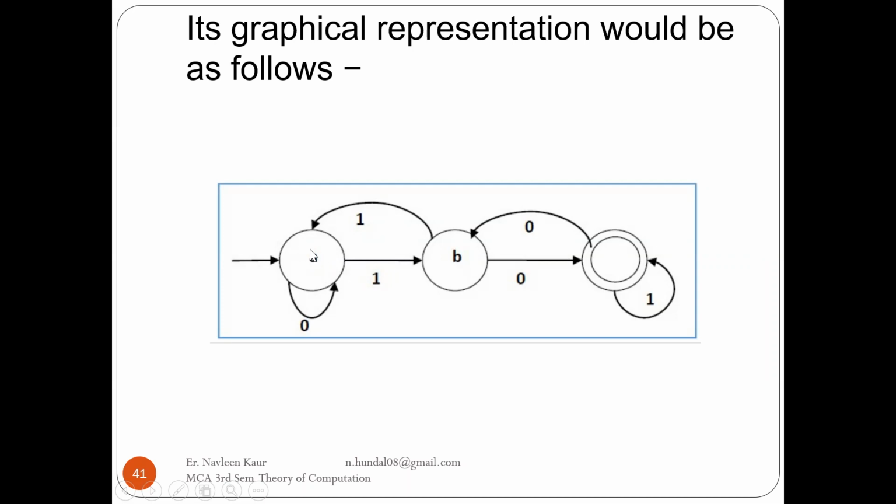Now for B, if B is getting input 0, it is taking you to the final state. But if B is getting 1, it is taking you back to A. Now in the final state C, if C is getting 0, it is taking you back to B. If C is getting 1, it is taking you back to C.